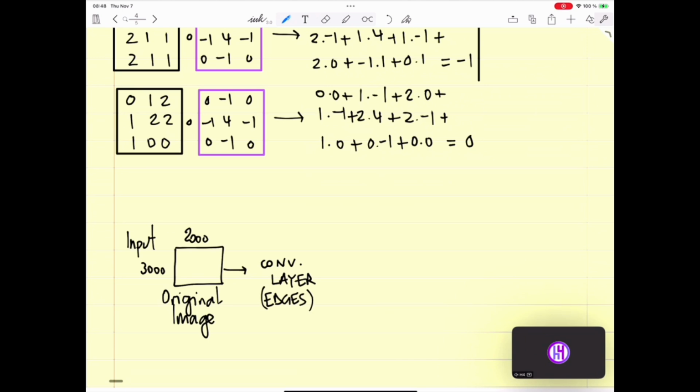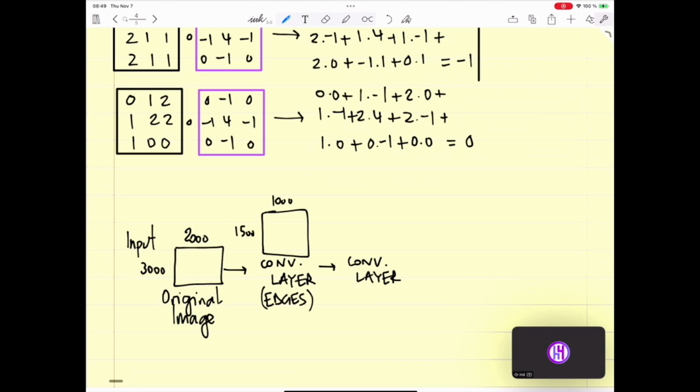Okay. You get the edges, and then you have your convolutional layer. Well, and this is an image that is also 3000 by 2000. Okay. Or no, maybe 1500 by 1000.